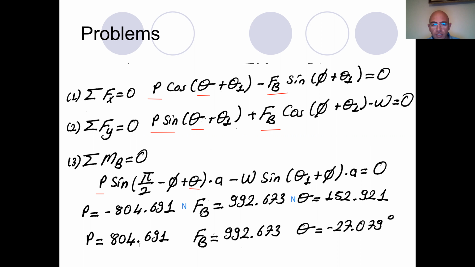So P is equal to 804.691 newtons, and FB is 992.673 newtons. And theta is equal to minus 27.079 degrees. So this is not acceptable for us. Therefore, it's not our solution.